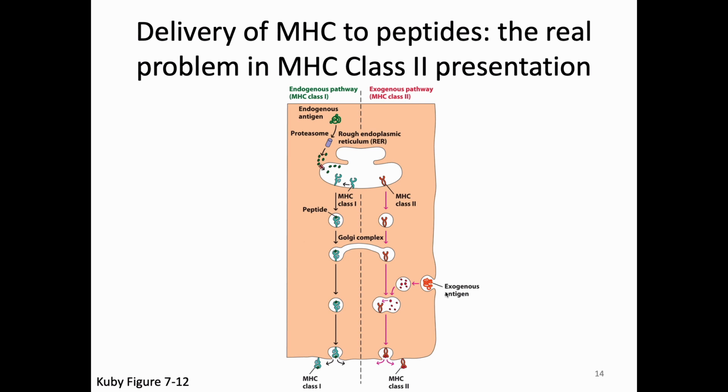So here you can see the biosynthesis of both class 1 and class 2. They're both being biosynthesized in the ER. And then moving to the cell surface. And you can see that class 1 meets up with its peptides in the ER. Class 2 is going to meet up with its peptides on the way to getting presented. Yeah? Make sense?